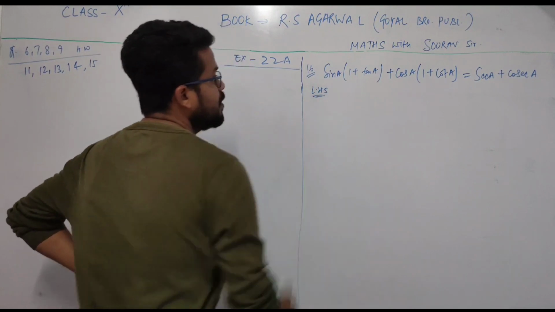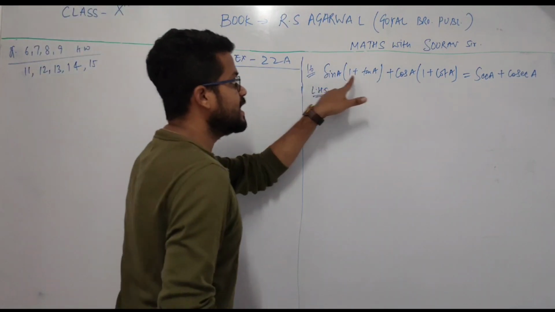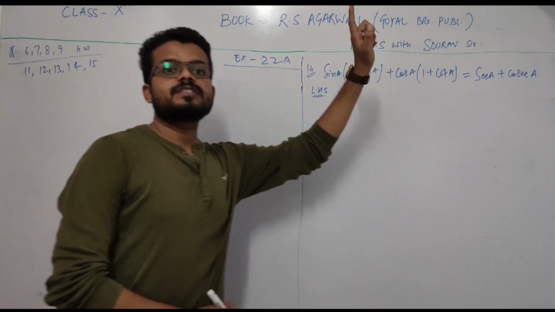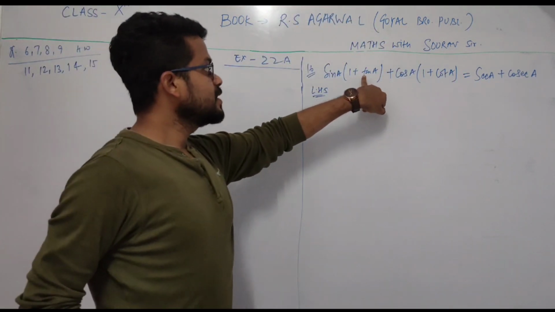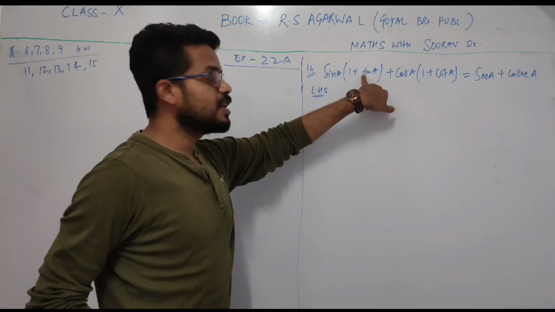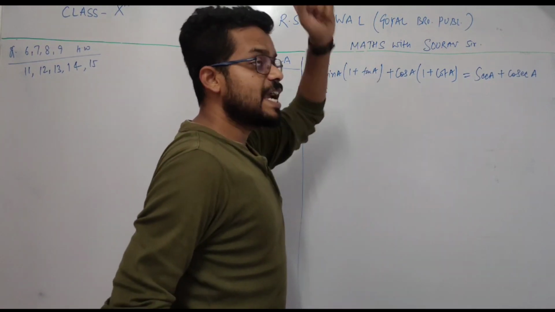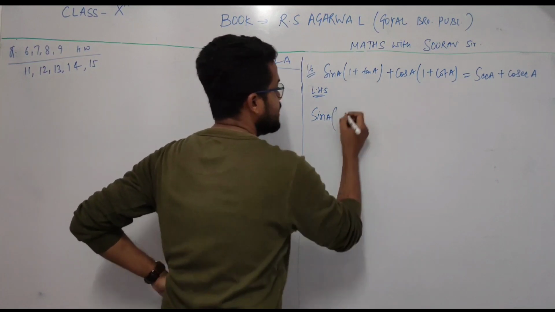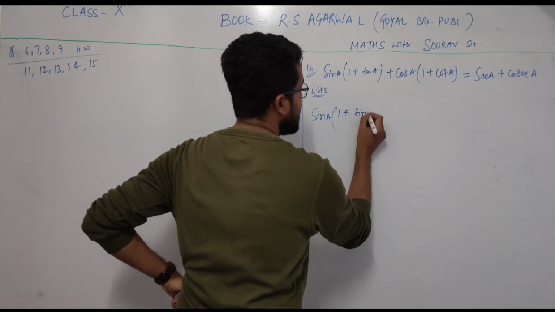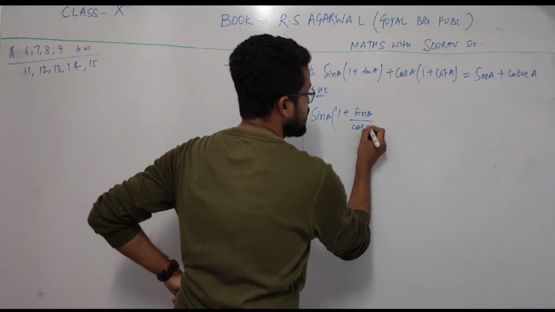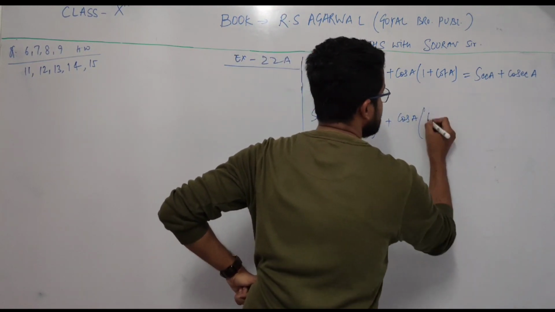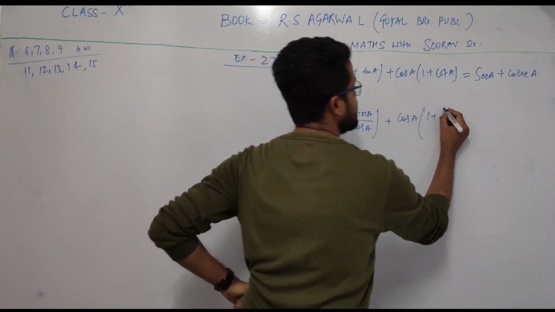Now from the LHS, this is sin A and this is tan A, this is cos A and cot A. So the first step is to convert those trigonometrical ratios which are not sin and cos into sin and cos. So here this is sin A and this is 1 plus sin A upon cos A, plus this is cos A and this is 1 plus cot A, which is what?